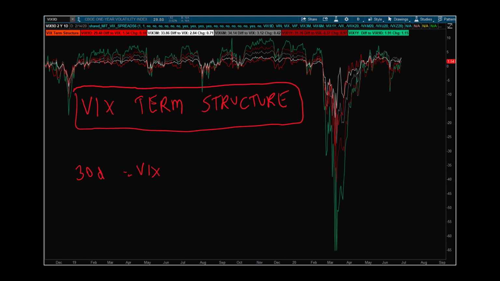But we also can look at the 9-day VIX, the 30-day, the 3-month, which is the 90-day, the 6-month, 180 days, and then 360 days is the full year. So we don't want to only look at the VIX, which is 30 days. Instead, we want to look at the entire VIX term structure to see where there's strength and where there's weakness.